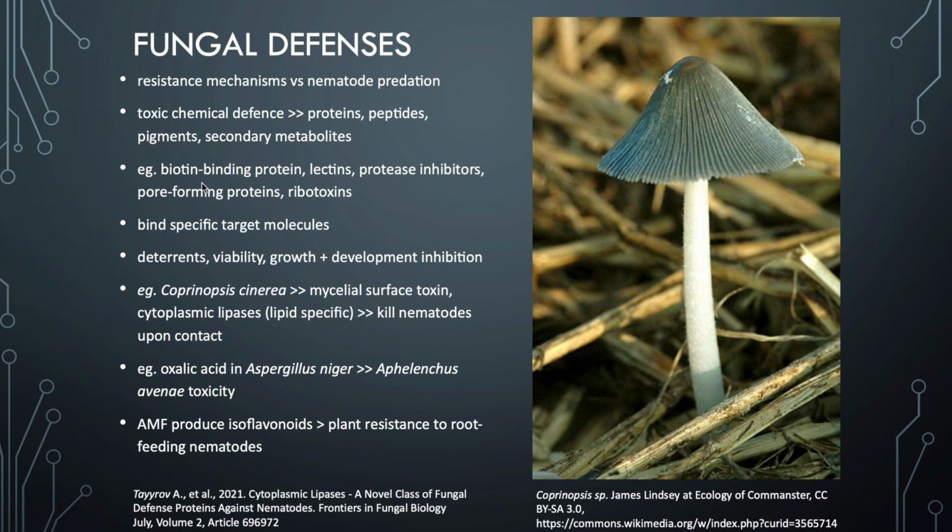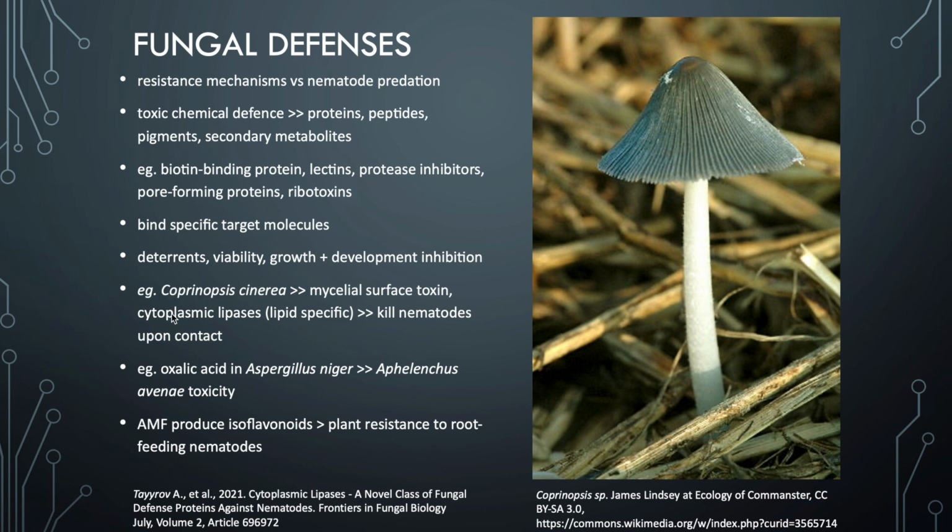Examples of this are biotin-binding proteins, lectins, protease inhibitors, pore-forming proteins, and ribotoxins. These toxins bind specific target molecules on the nematode, so they can act as deterrents or inhibit viability of the nematode or its growth and development.